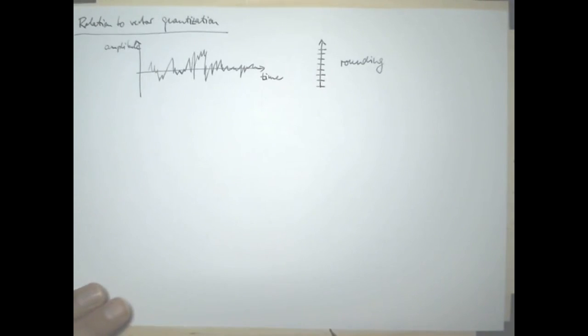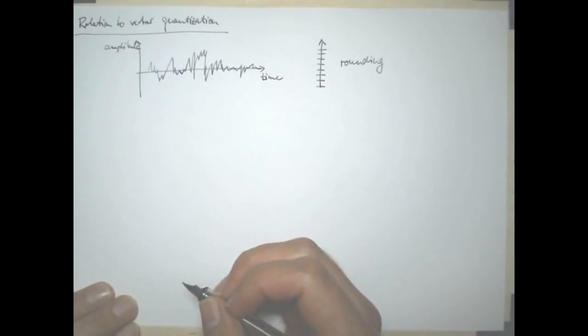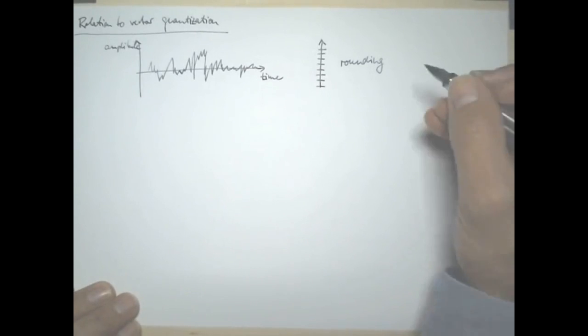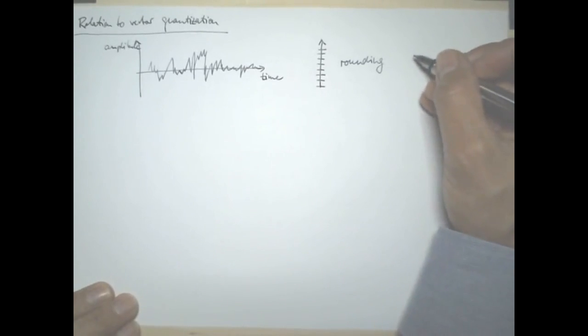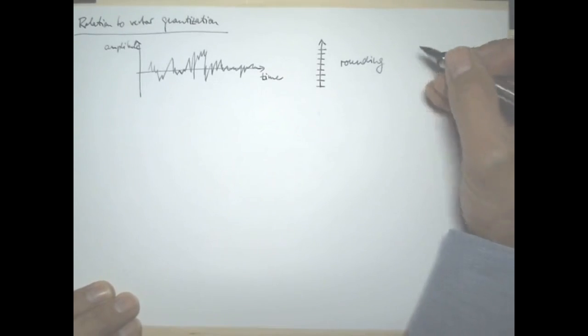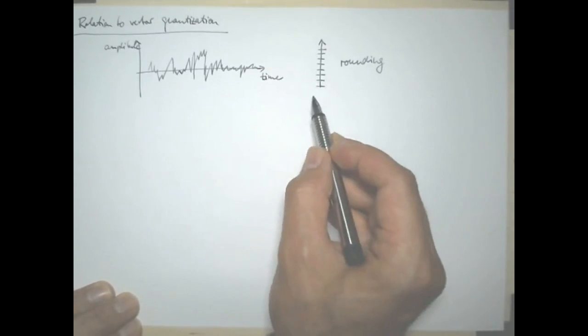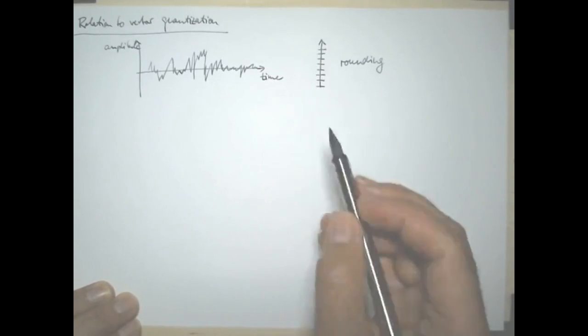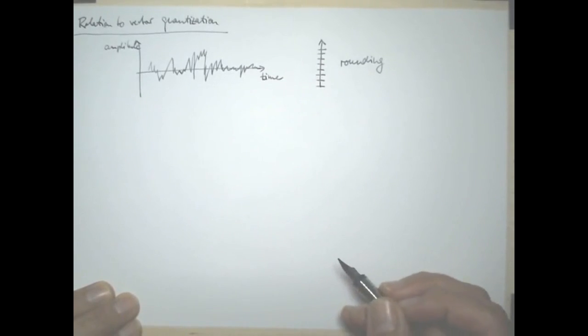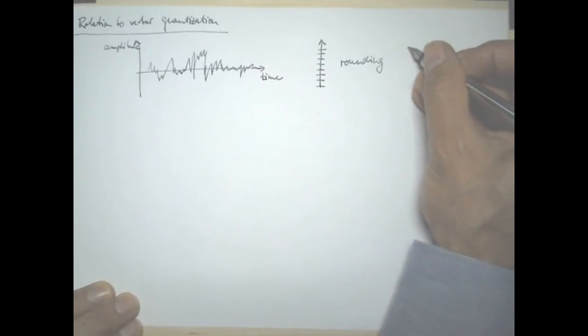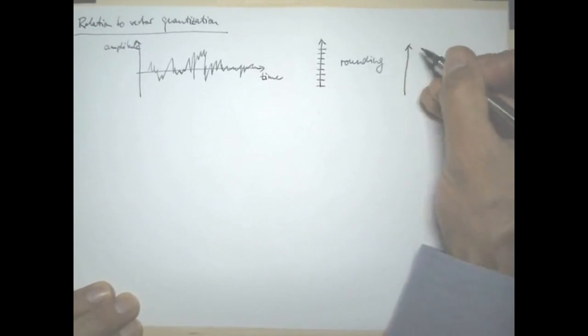Now, we typically have some statistics. So let's say if you take an entire phone call, you will get a distribution that is not uniform between some minimum and maximum value that defines your dynamic range. But you typically have some probability distribution here.